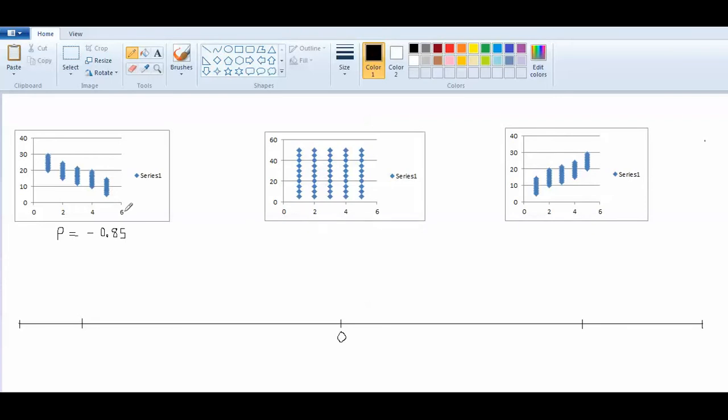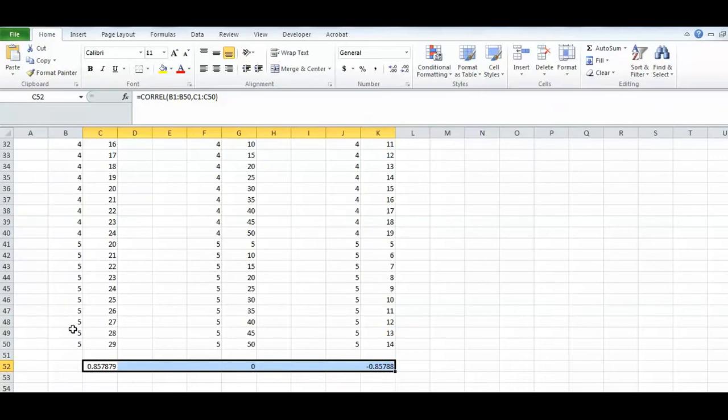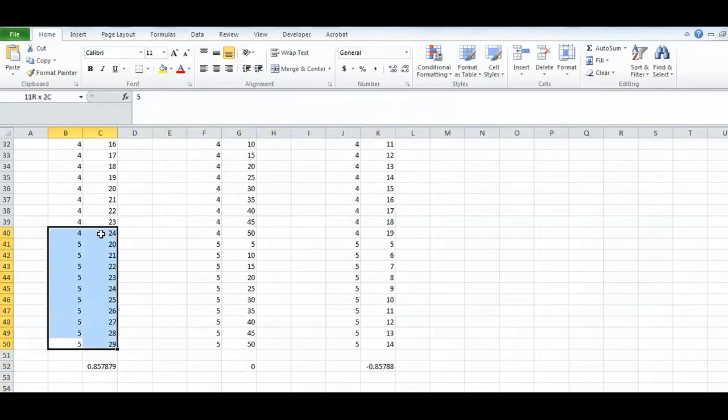If I didn't do it with all 50 people and I just selected 10 of them like this, and I calculated the correlation with just these 10 numbers, it would be a sample correlation coefficient because I didn't include all 50 people.